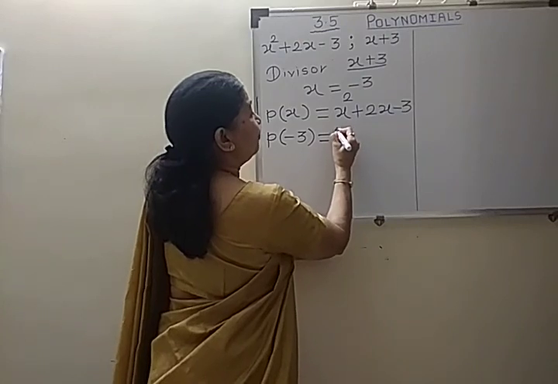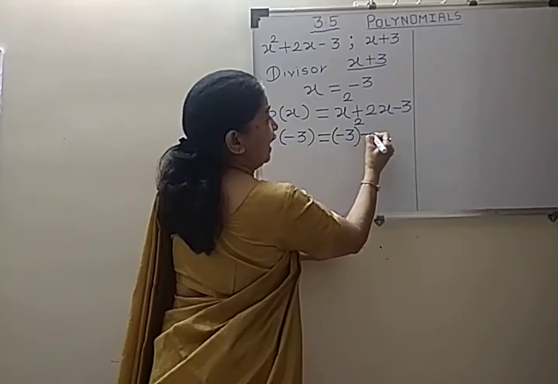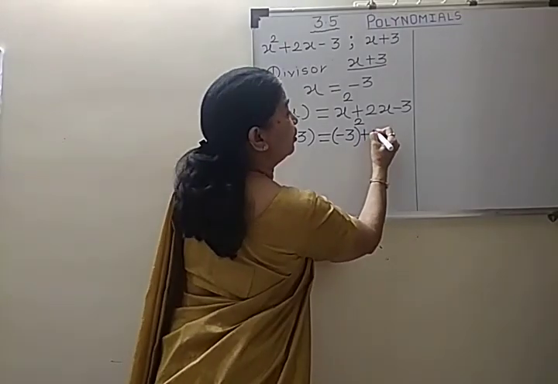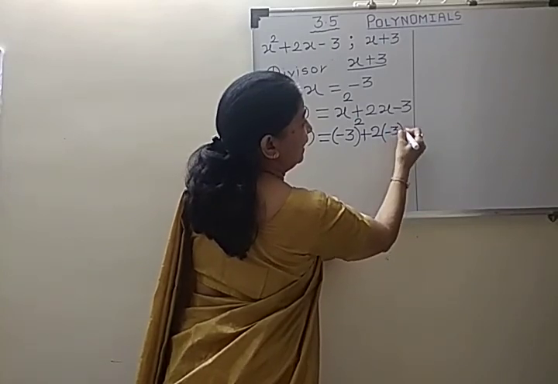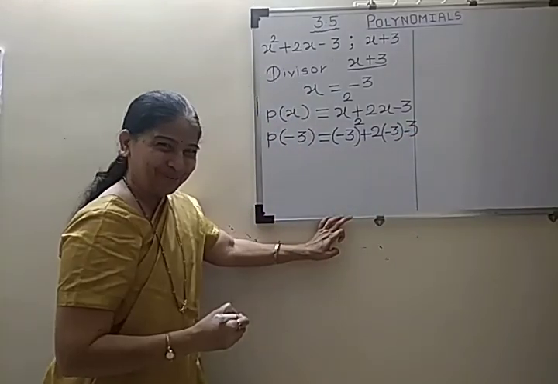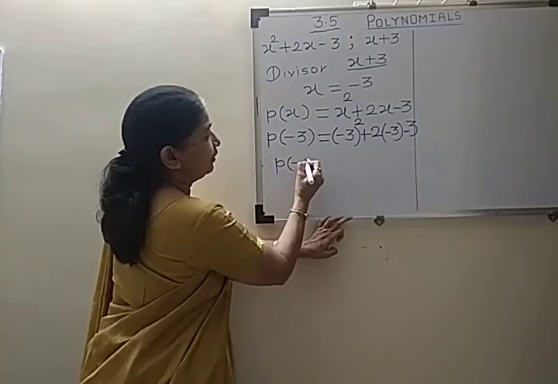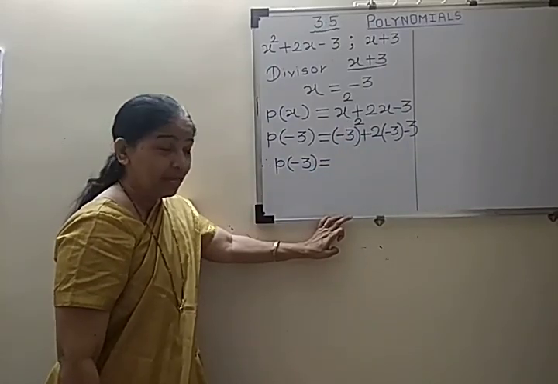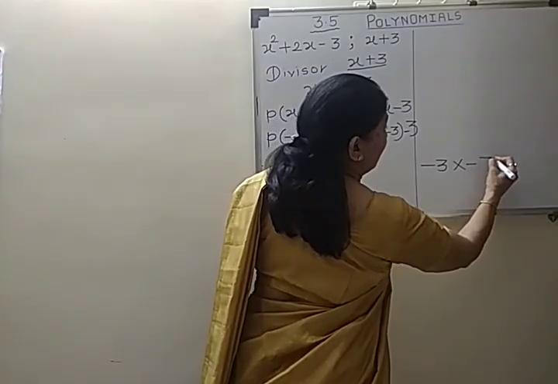So minus 3 square, plus 2 into x, which is 2 into minus 3, minus 3 as it is. So p(minus 3) is equal to minus 3 square, which means minus 3 into minus 3.